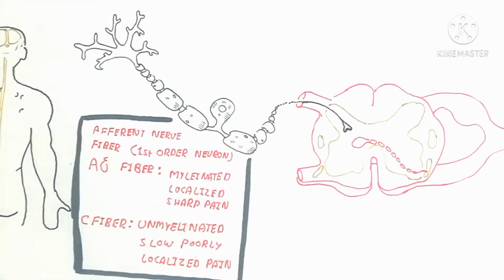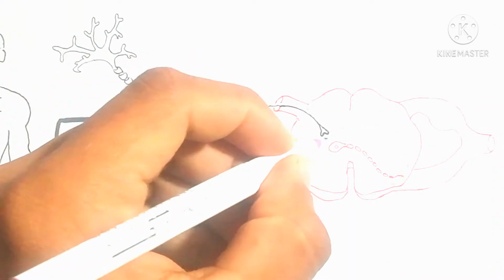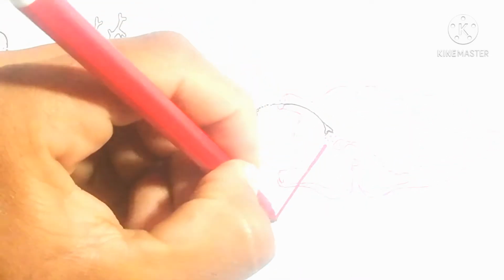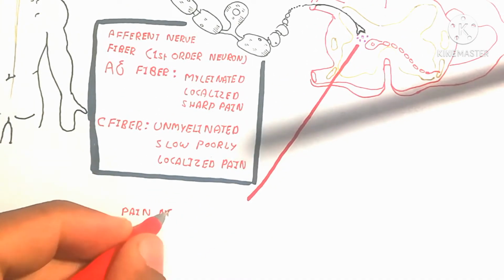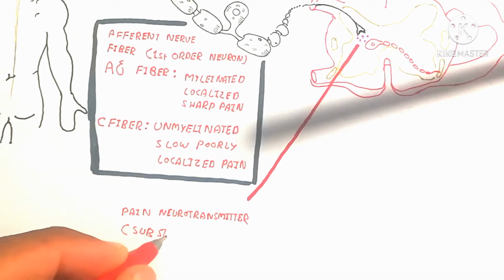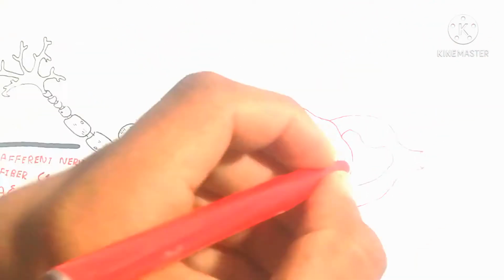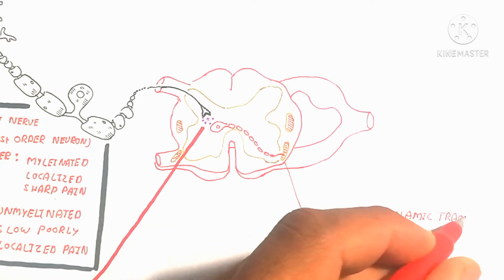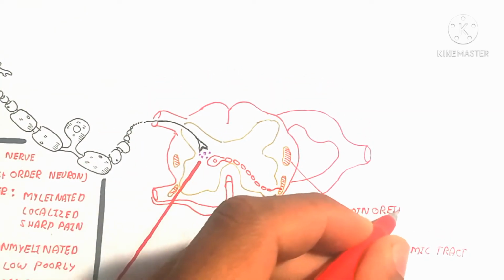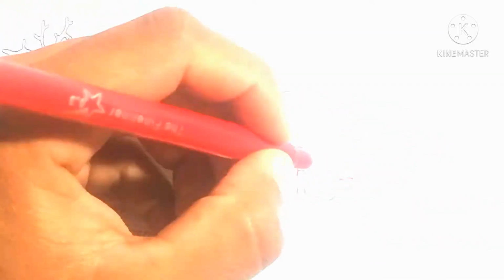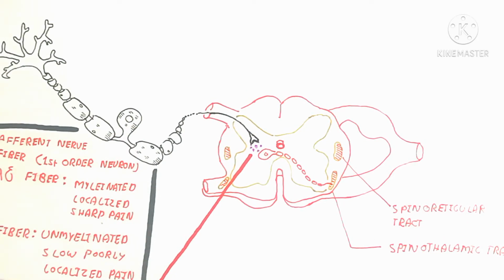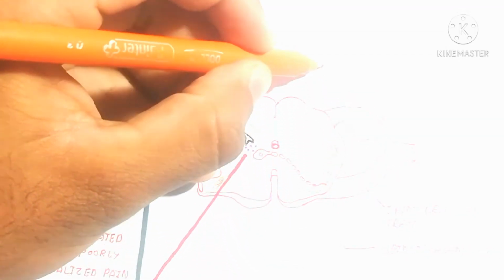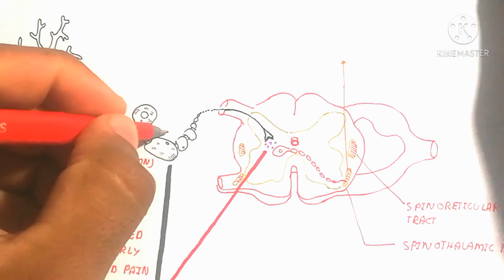Here is another neuron which interconnects with the others in the central nervous system using synapses that produce the neurotransmitter. The pain neurotransmitter is known as substance P, and this substance P is used for conduction. So this neuron will go into the spinothalamic tract, which is used to travel upward along the spinal cord by the second order neuron.